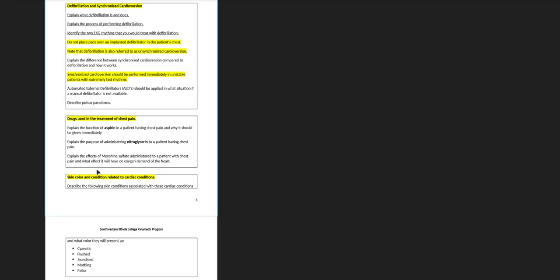Explain the effects of morphine sulfate administered to a patient with chest pain and what effects it will have on oxygen demand. So morphine, it's an opiate, so it's going to be beneficial for their chest pain, just by nullifying the pain sensation. But it also can be a vasodilator.